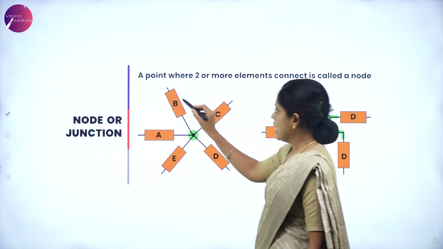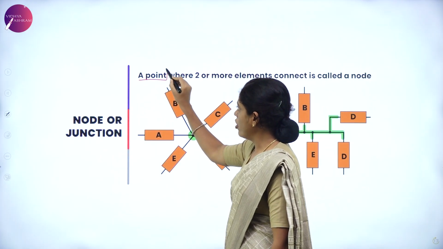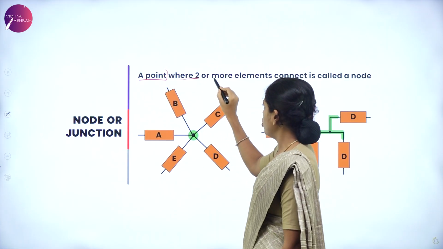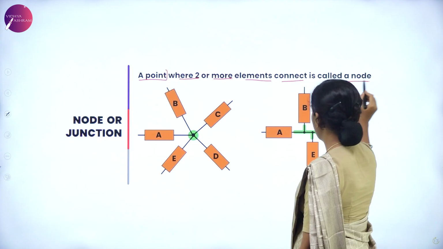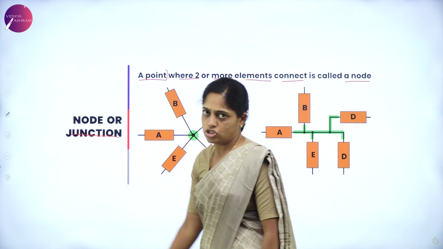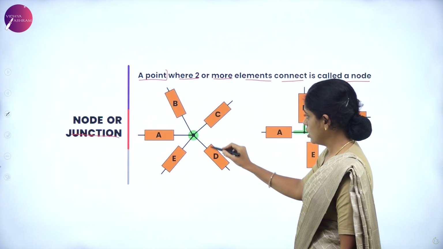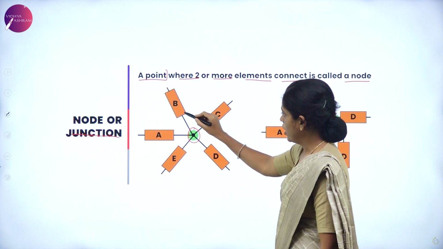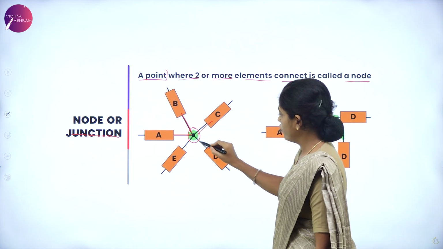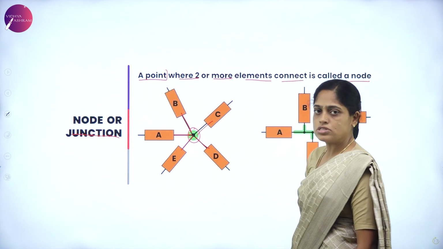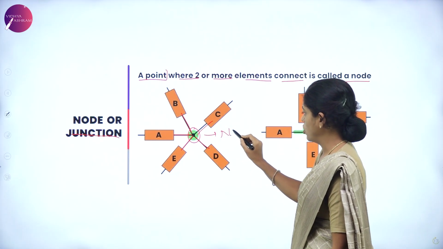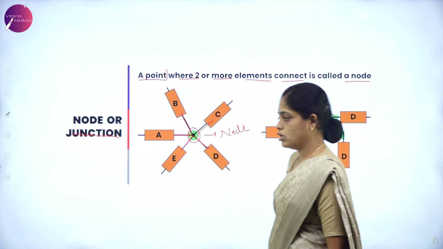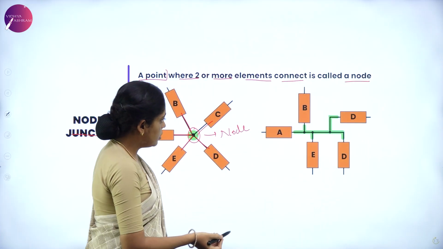Now, in an electrical circuit, a point where two or more elements are connected is called a node or a junction. Observe this picture. This is the point where a number of elements of the circuit are connected. The point is known as node or a junction. Same way, we have another picture.